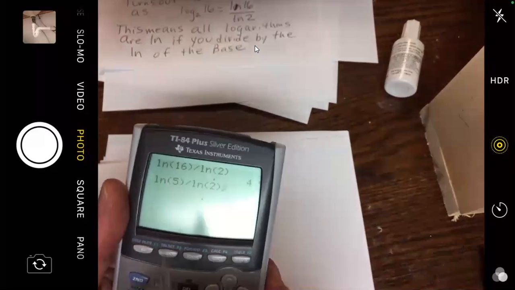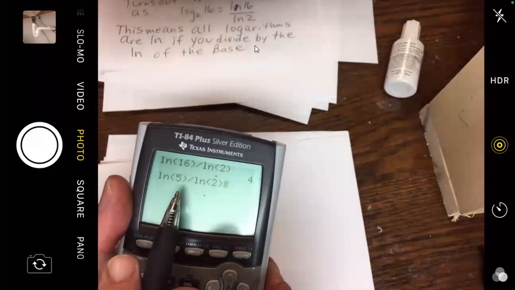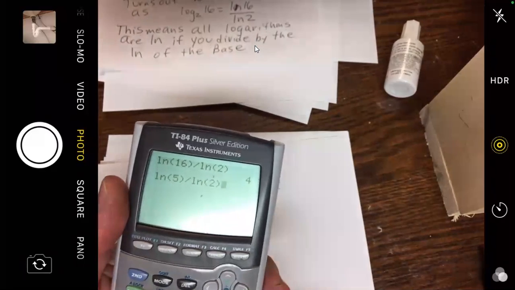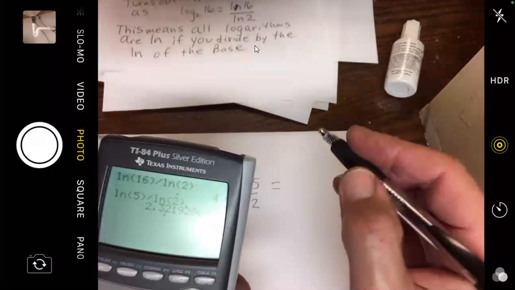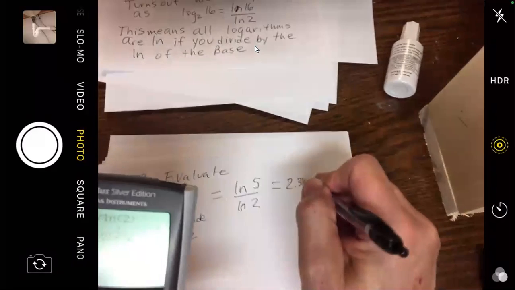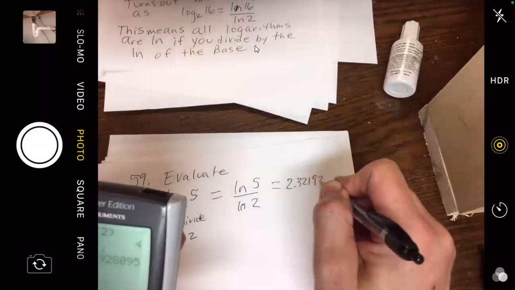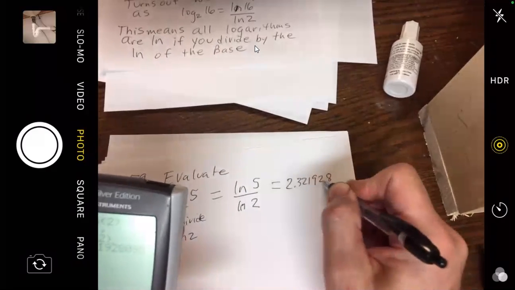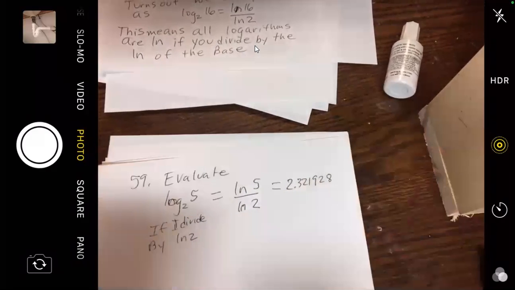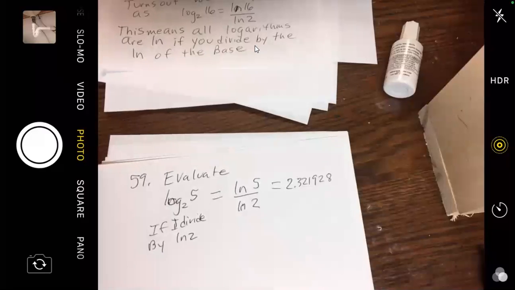Make sure you close off your parentheses here. Very important you do that. 2.3219. Although they did say 6 places: 1, 2, 3, 4, 5, 6. Oh, that's pretty. I'd never ask you for 6 places. I don't know why or how they're getting so anal.